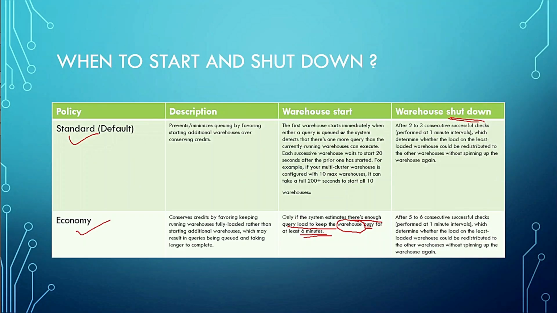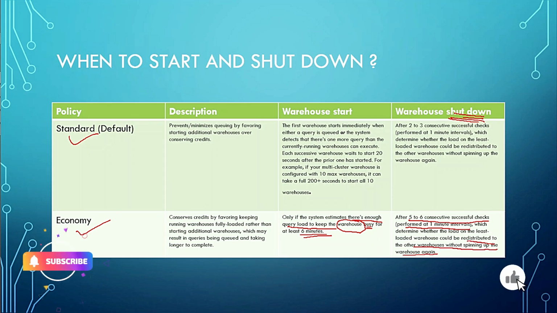So let's look at how the economy option works for warehouse shutdown. Similar to the standard scaling policy, the economy option also works the same way to shut down warehouses. In the economy option, after every 5 to 6 consecutive successful checks, performed at 1 minute intervals, it determines whether the load on the least loaded warehouse could be redistributed to other warehouses without spinning up the warehouse again.